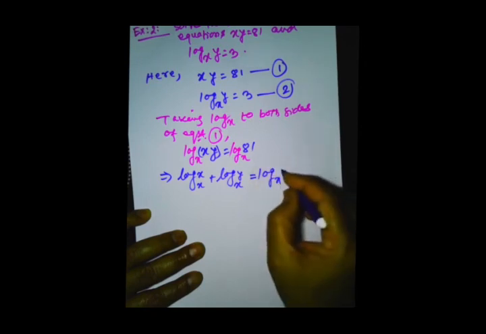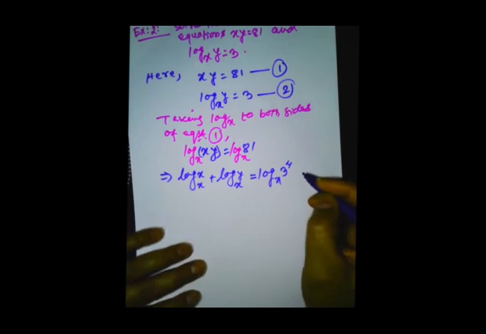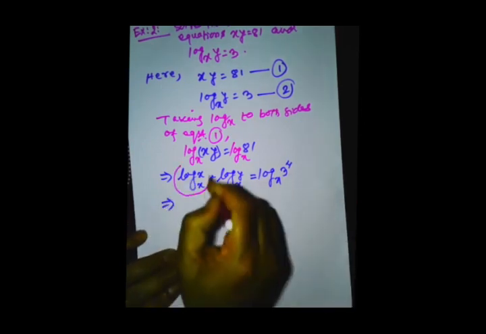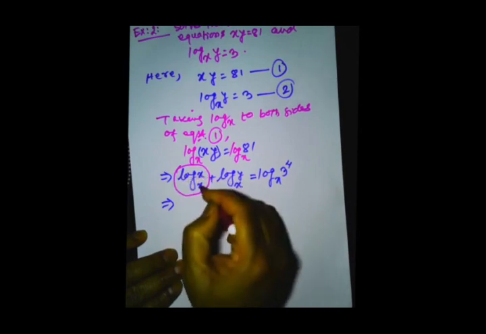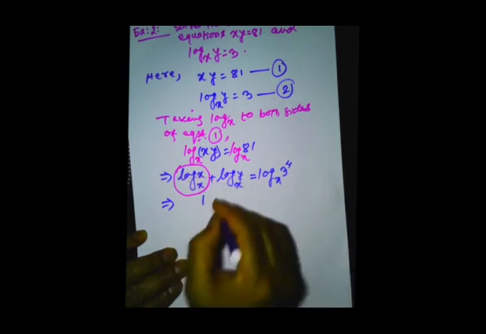If you factorize 81 in terms of 3, it's going to be 3 to the power 4. And then you see that in this logarithm, the number and the base are the same, so its value is going to be 1.